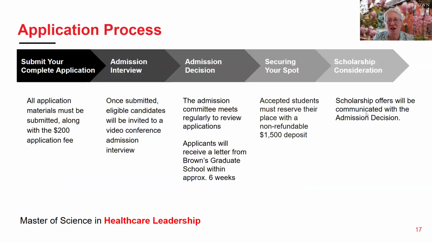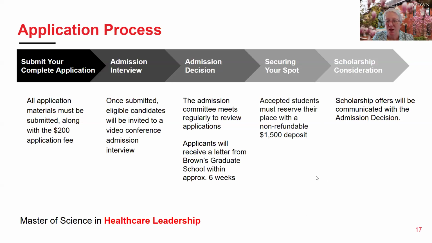So for the process, we have to receive all of those application materials, so those 6 elements, including the 3 references. And for now, the $200 application fee does not apply. Eligible candidates are selected for an admissions interview with myself and our academic director, Scott Rivkees, and then an admissions committee reviews and makes a determination for admission.